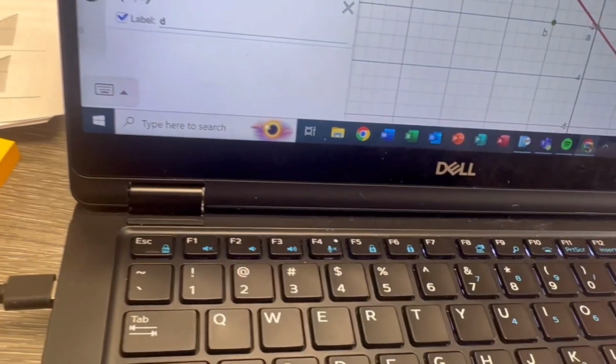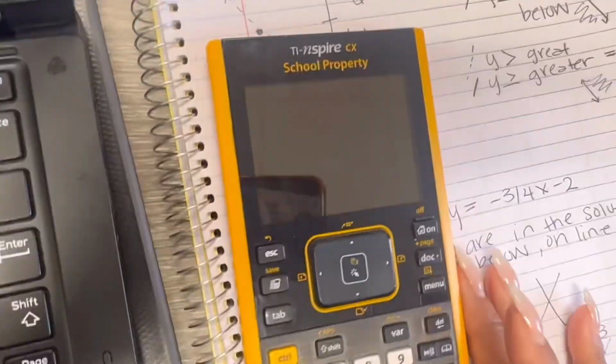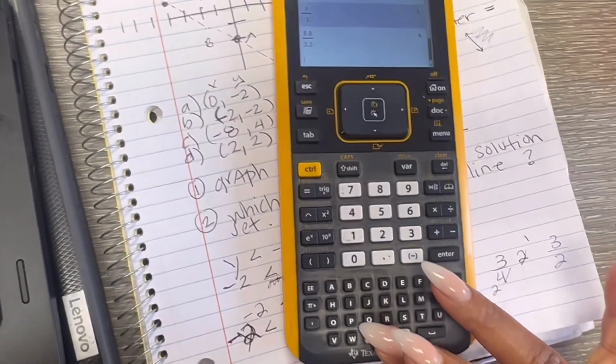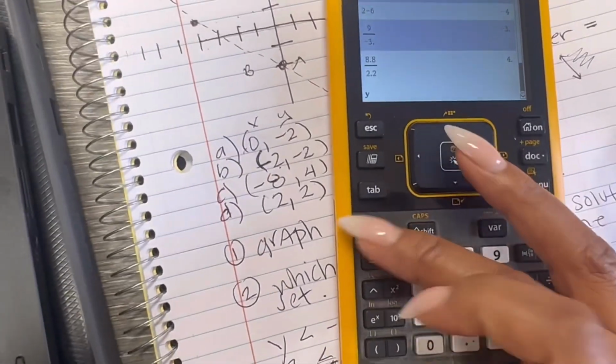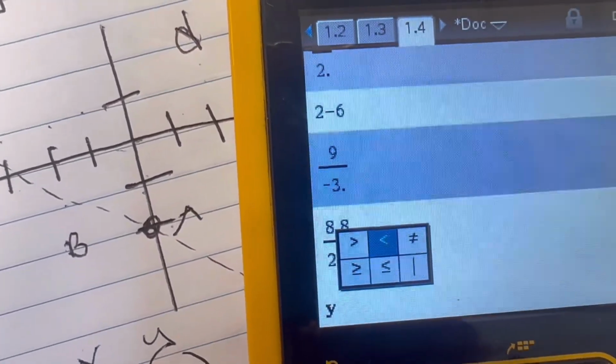Here is the calculator way. You're going to go ahead and put your inequality symbol. Well, let's do it on here. Okay, so you can also put it here, y less than, so control equal. Pick your less than symbol. Enter.